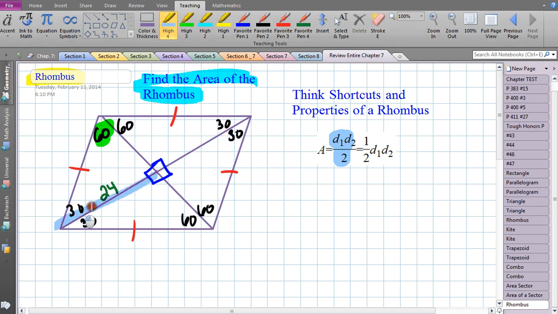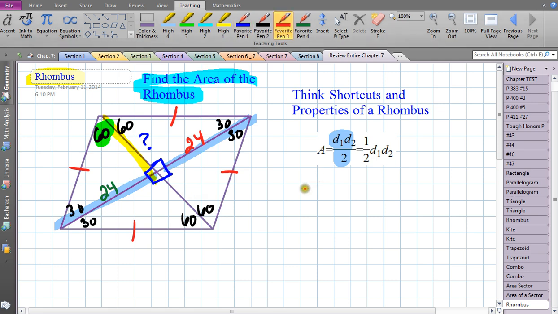So let's use our knowledge of the 30-60-90 triangles to find these sides in here, and then realize that the properties of a parallelogram and rhombus state that if that side is 24, that's going to be 24. And whatever you find for this little yellow half diagonal, that one's going to be exactly the same in there.